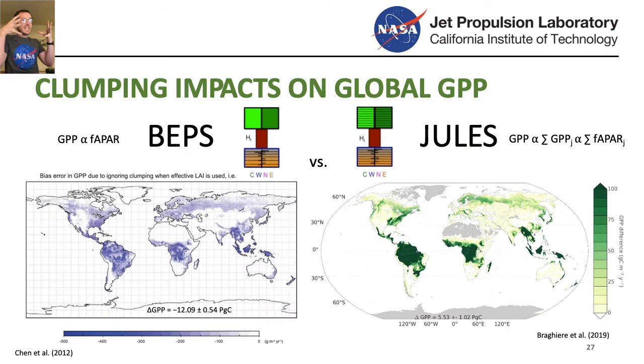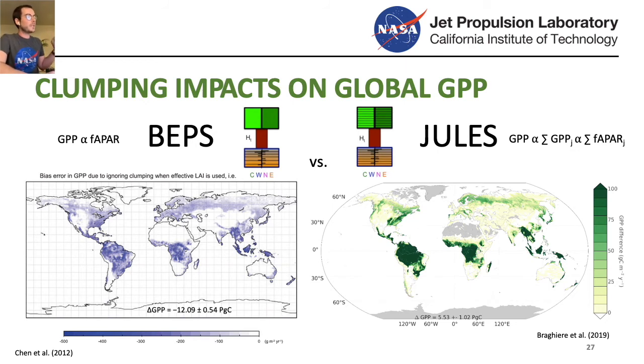So when we look at the clumping impacts, right? Because we just saw the clumping impact for a single flux tower site. Now, what would happen if we say that clumping is some sort of a structure, this gappiness of a canopy, how does that impact global GPP? Well, that's why I like showing these two results.